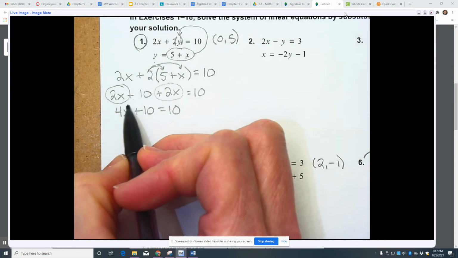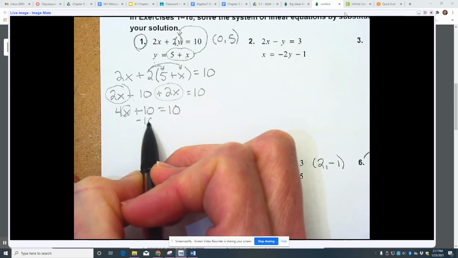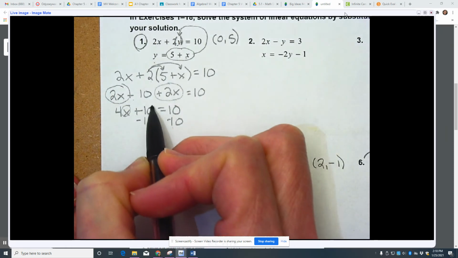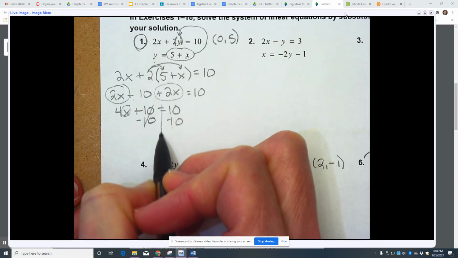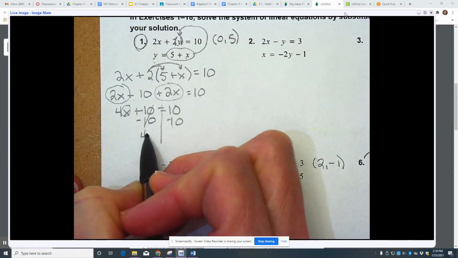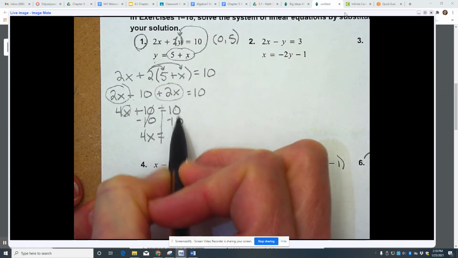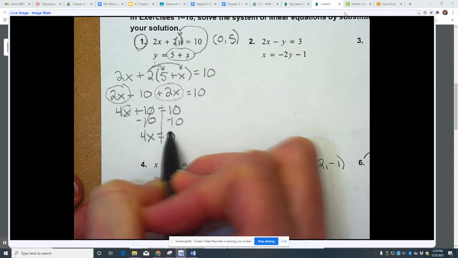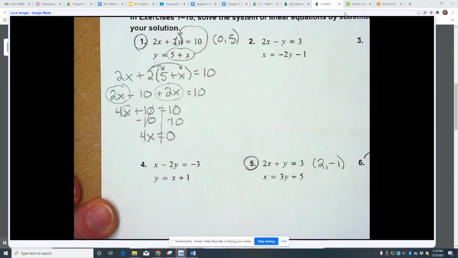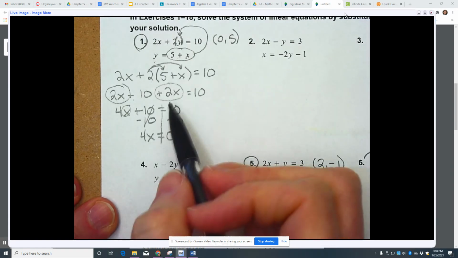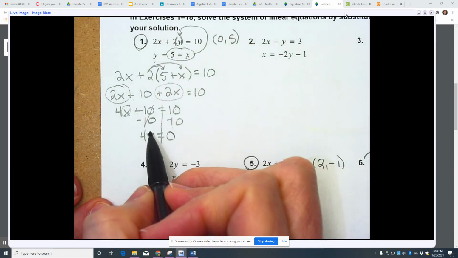Keep going. I want x alone. Subtract 10 from both sides. 10 minus 10 is 0. On the left side, I have 4x equals 10 minus 10, which is 0. Don't panic. That's fine. 0 is a number on the number line. It's okay that we get a 0 here. Keep going.